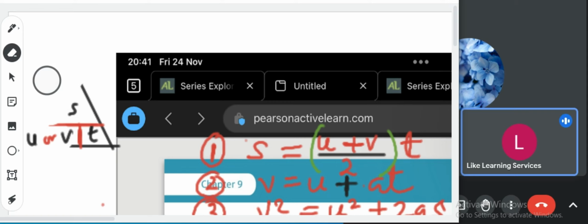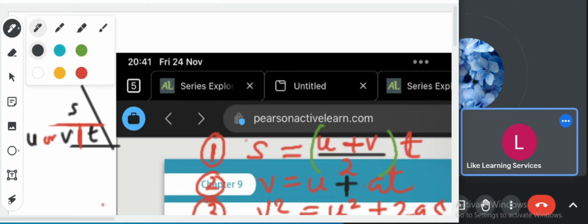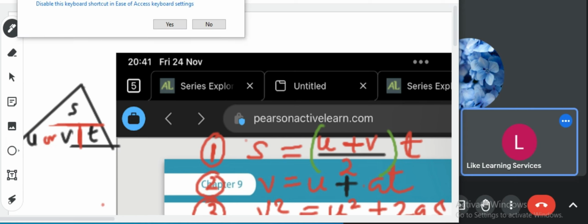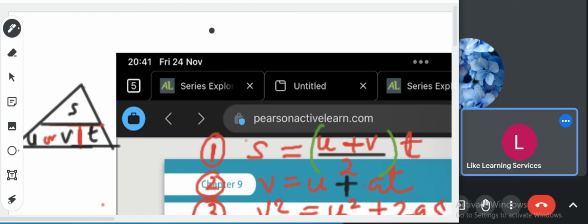Let me make the triangle a bit bigger so I can accommodate what I'm trying to draw. So, velocity, which could be initial or final, is equal to distance over time.